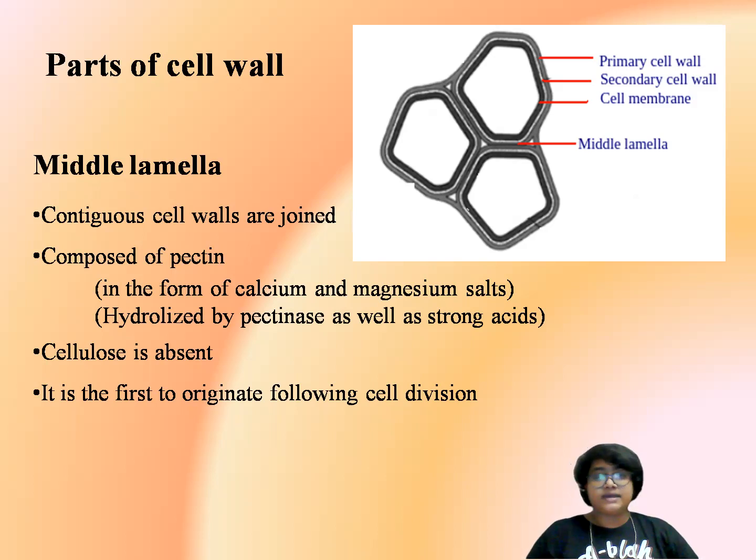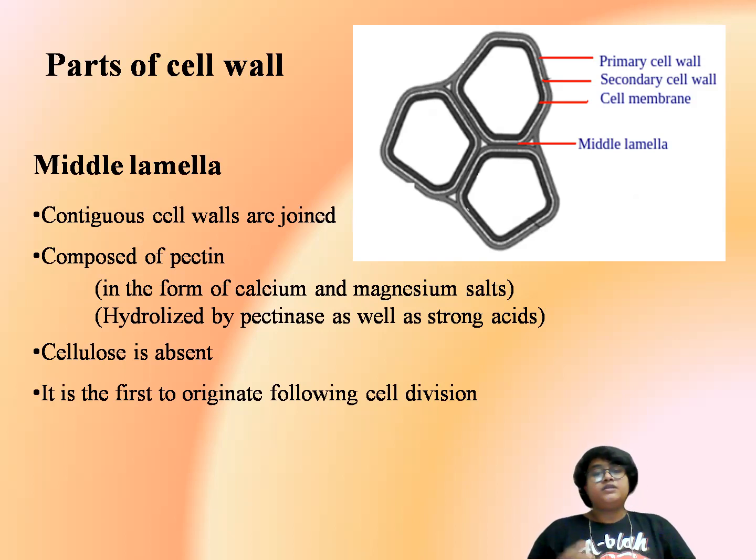So, for example, if you take any fruit like mango or banana, you will notice that when the mango is immature, it is very hard. Why is it hard? Because of the presence of pectin. Gradually, when the mango matures, it produces certain kinds of acids, because of which this layer of pectin, the middle lamella, loosens because of degeneration of pectin.